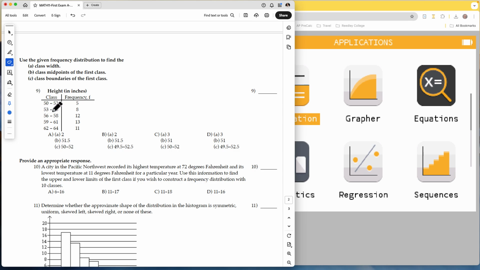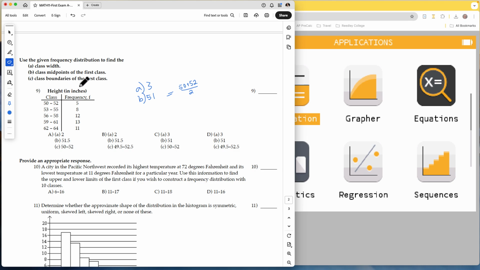Now, if you just subtract them, 52 minus 50, you get 2. But there are 3 numbers here, and the boundaries are included, right? So it's got 3. So we've answered that. Class midpoint of the first class. So here in the first class, what's the midpoint? Well, halfway between these two is going to be 51. And you could get that by 50 plus 52 divided by 2, and you'll see you get 51.